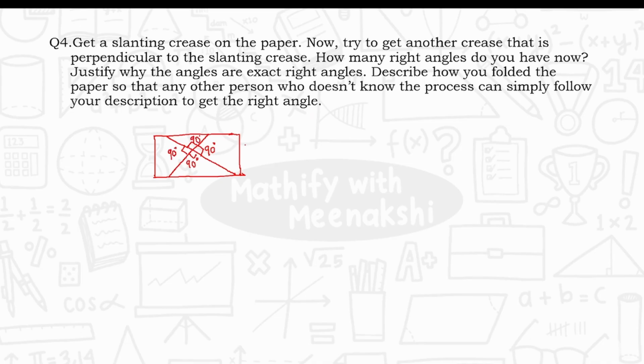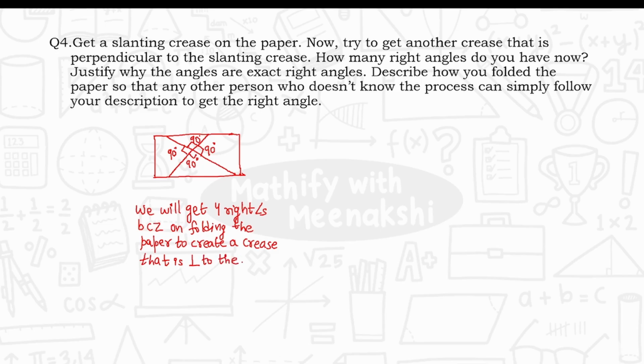So, I will write that we will get 4 right angles because unfolding the paper to create a crease that is perpendicular to the first crease, the two creases intersect at a right angle. As you can see in the figure that I've drawn for you.